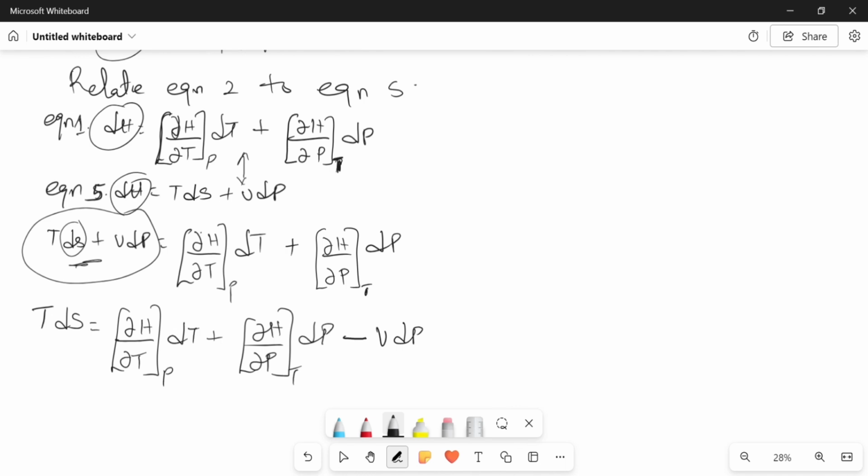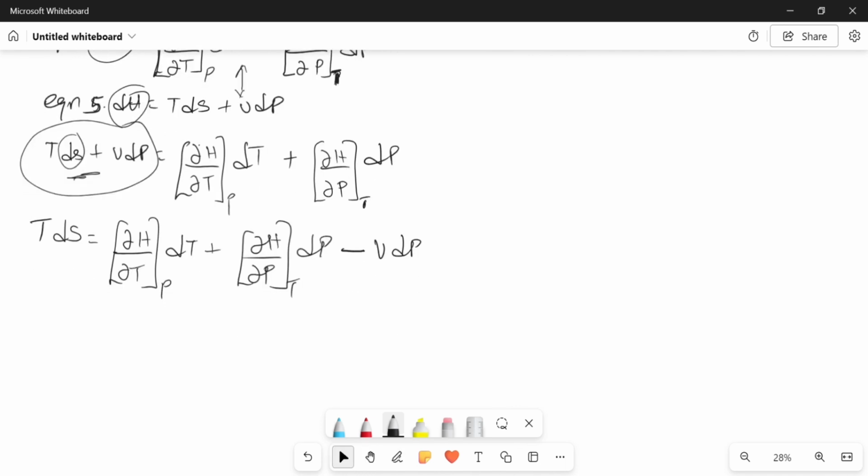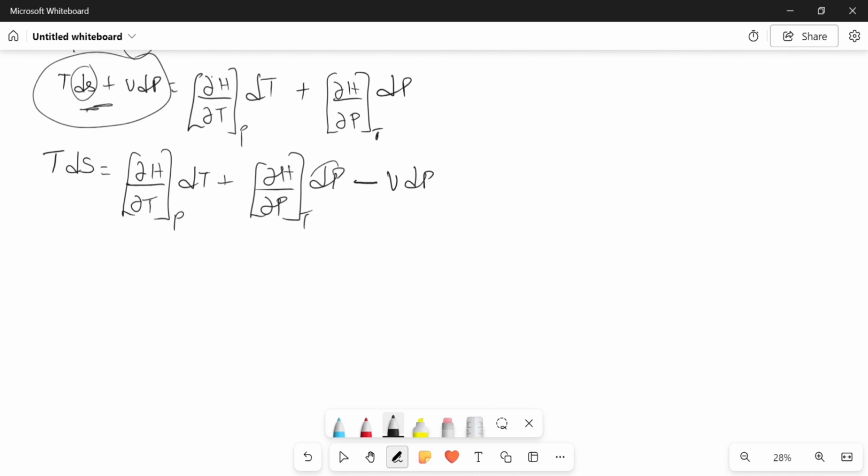Very good. This is dp, this is dp, so I can bring dp out. I will have t ds equal to the partial differentiation of h with respect to t at constant pressure dt, plus the partial differentiation of h over the partial differentiation of p.